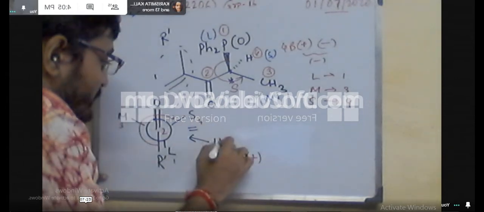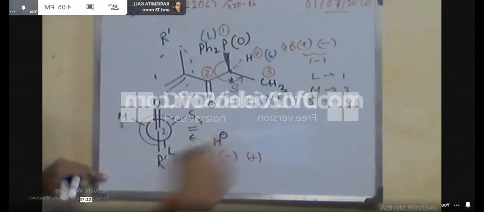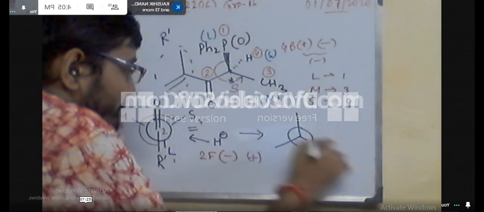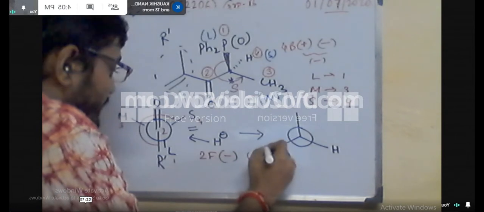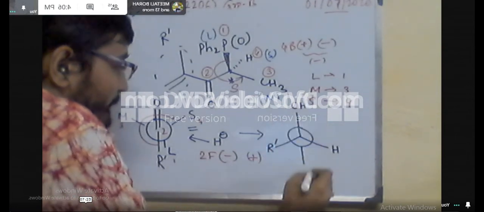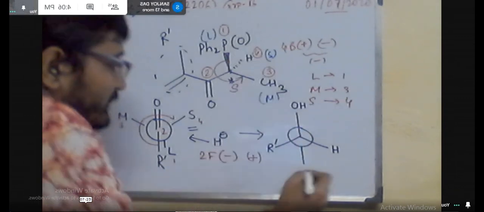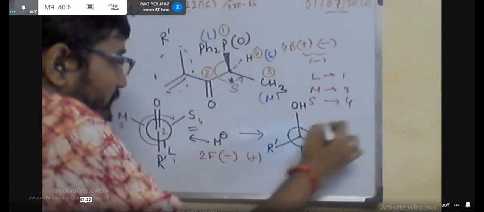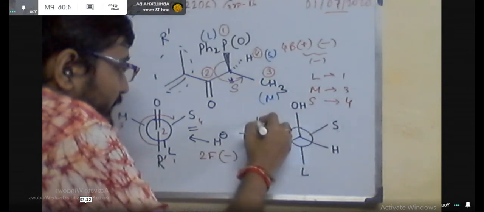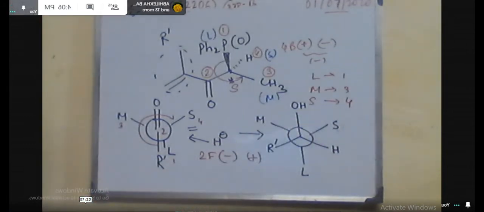So the configuration of the new chiral center will be S. So the diastereomer which is formed by using the simple Cram model, the configuration of the two chiral centers will be SS. So by this model we can form the zigzag projection like this way. So this is your pre-existing chiral center, hydrogen.